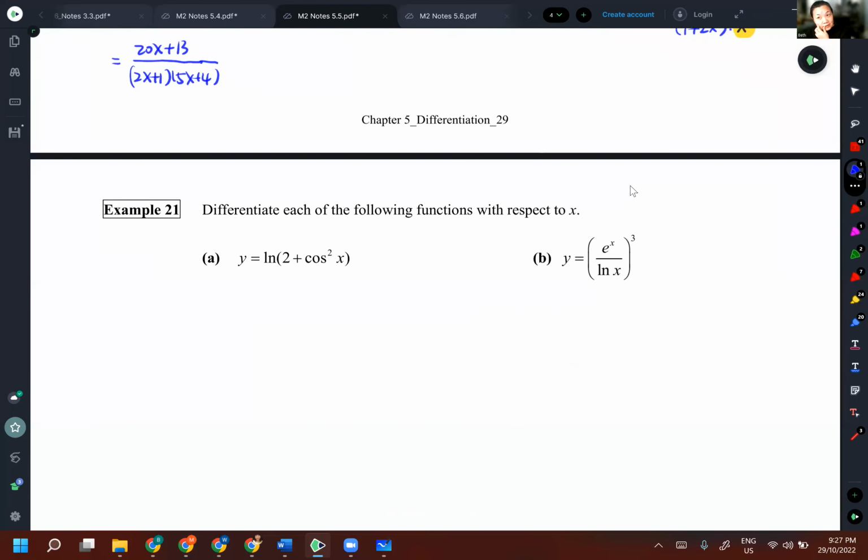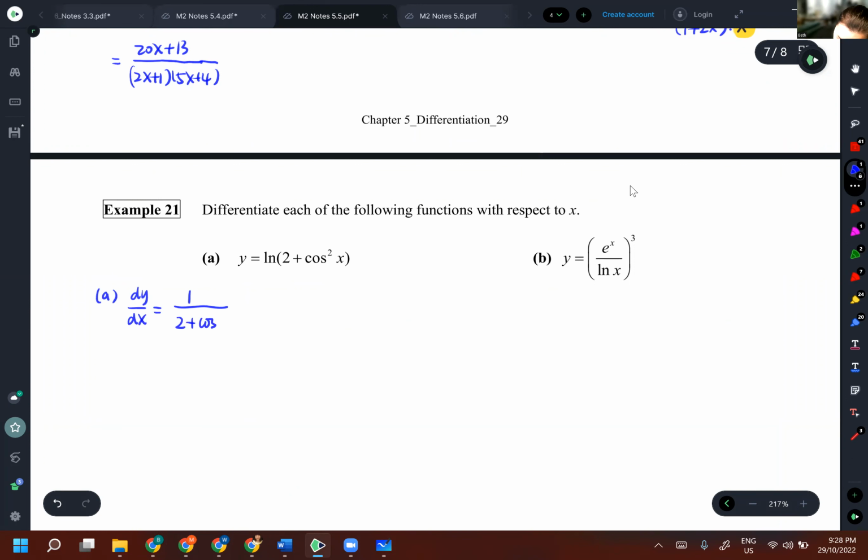Differentiate with respect to x. It's a mixture again. dy/dx equals dy/du and then du/dx.